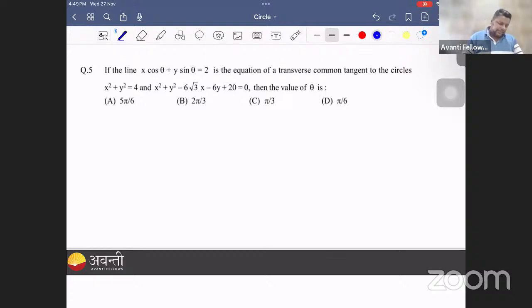Well, now, this line is the equation of transverse common tangent. If I roughly draw this circle, first of all, let us judge a little bit about the position of the two circles.